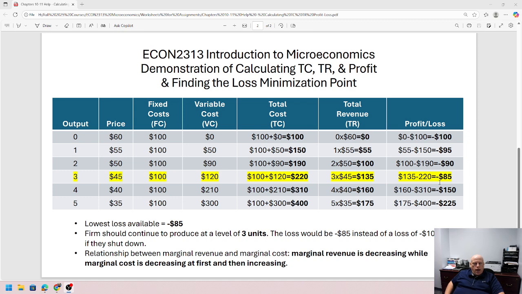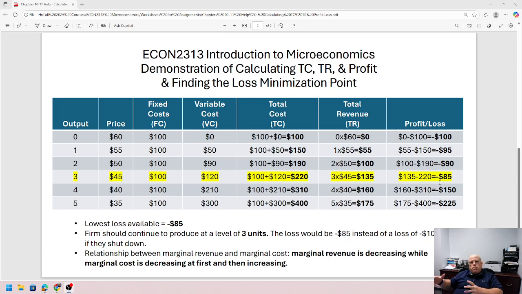Okay. Now, something else that we have to look at, something it's going to ask you about on this particular problem on your assignment, is to explain the relationship between marginal revenue and marginal cost as we move through the different levels of production. Okay. And in this particular example, the marginal revenue is decreasing while marginal cost is decreasing at first and then increasing.